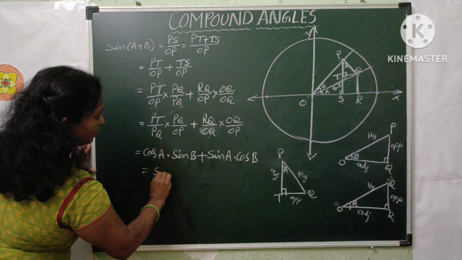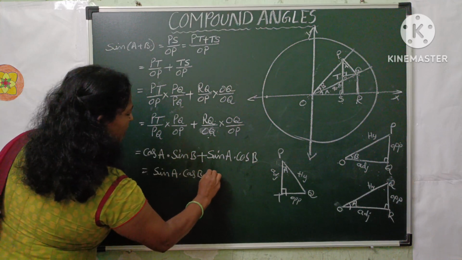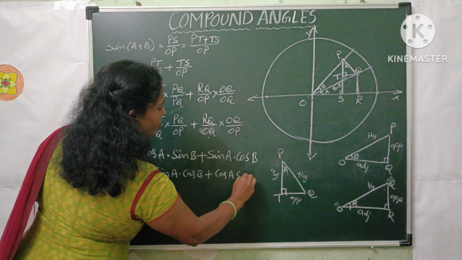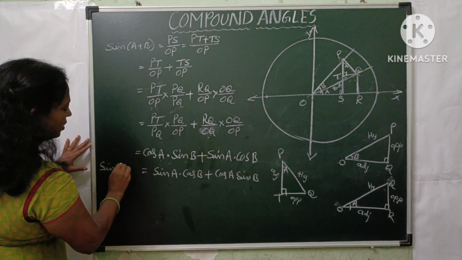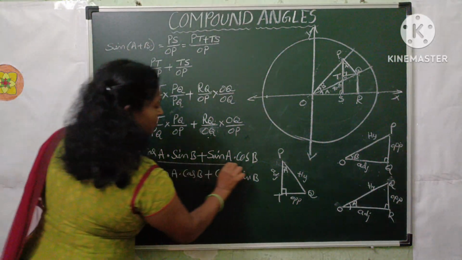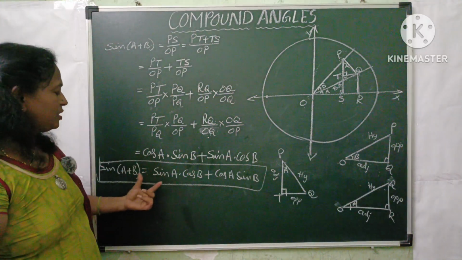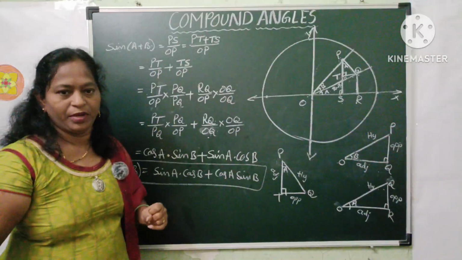Sin A cos B plus cos A sin B. This is the sin A plus B proof. How to get the sin A plus B as sin A cos B plus cos A sin B.